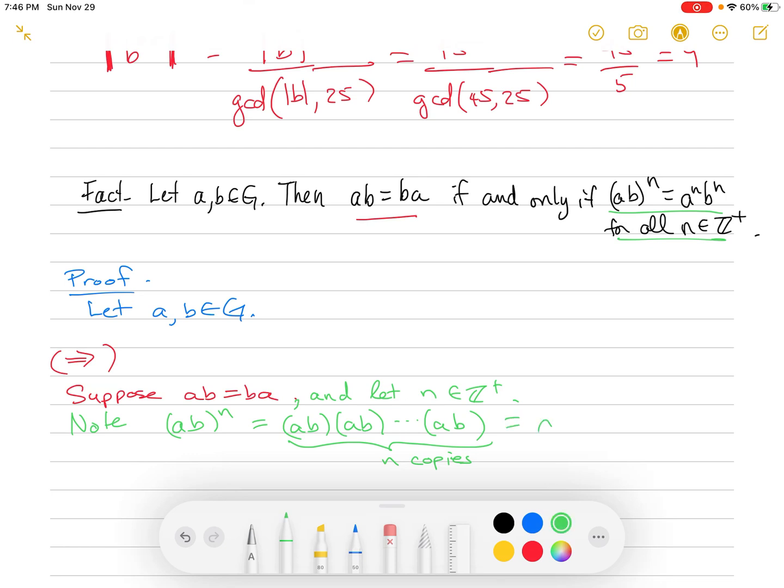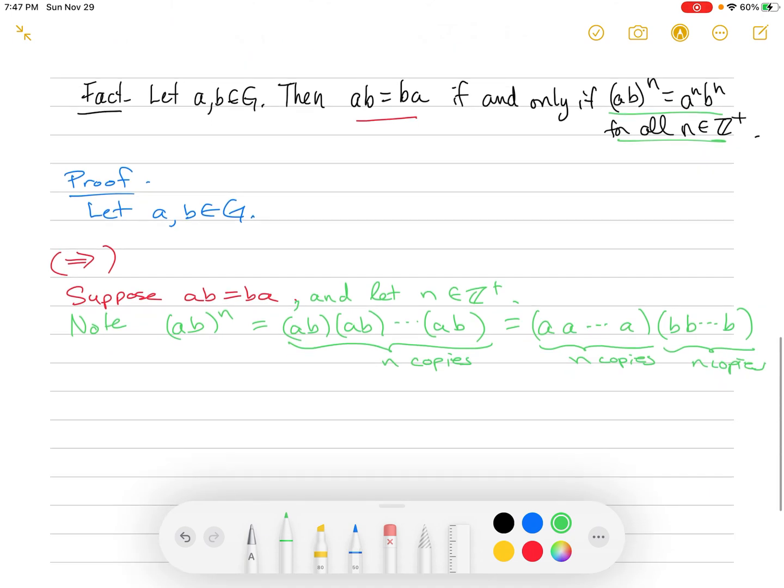That means I can put all the A's together and all the B's together. So I have how many copies of A? N copies. How many copies of B? N copies. In other words, I have A to the n, B to the n. Okay, so I've proven the green.